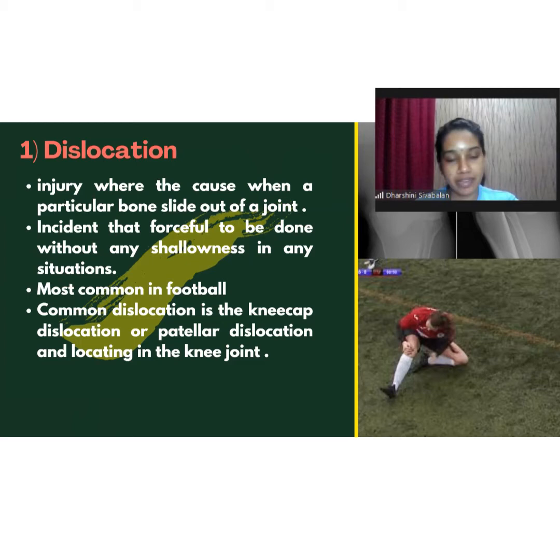It happens through force applied by any player in any situation. It is most common in football, where they have to play forcefully, and the common dislocation is kneecap dislocation, or patellar dislocation, located in the knee joint.